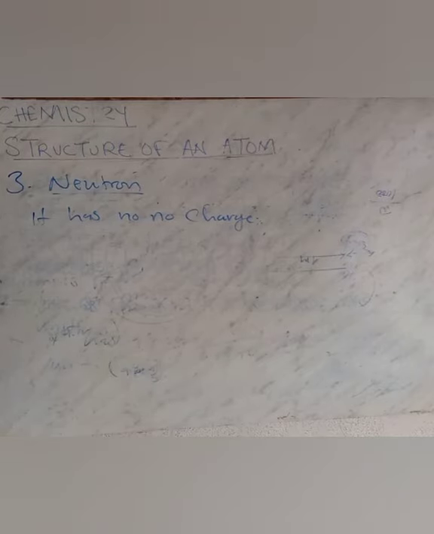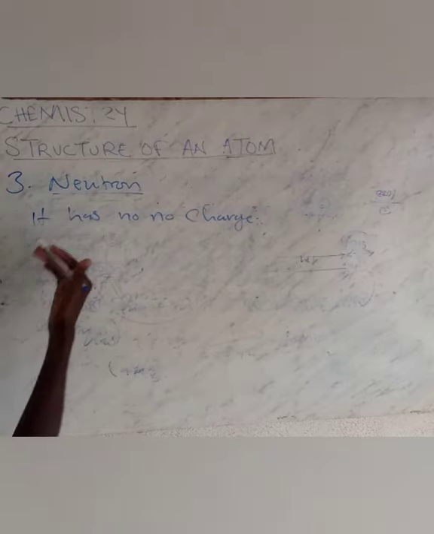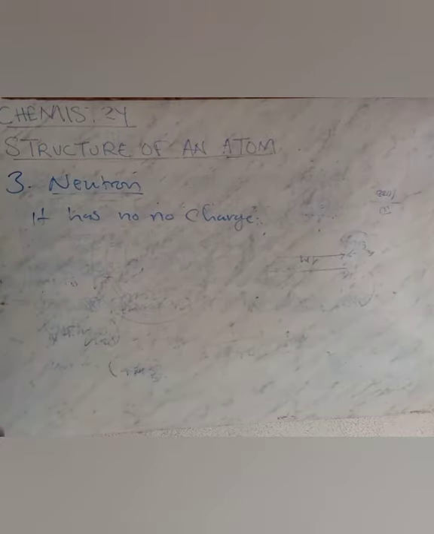Just like when we are looking at electricity, there is what we call a neutral cable, meaning it neither carries positive nor negative charges of electricity. The same applies to neutrons. Neutrons are basically uncharged particles that we need to take note of.